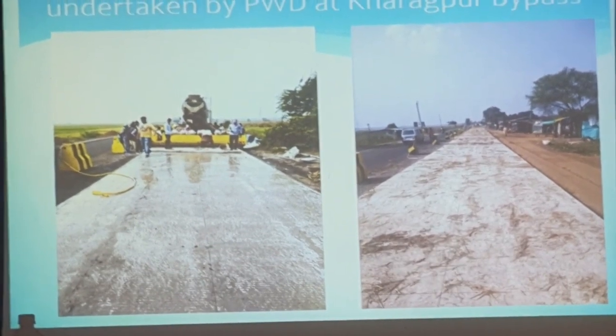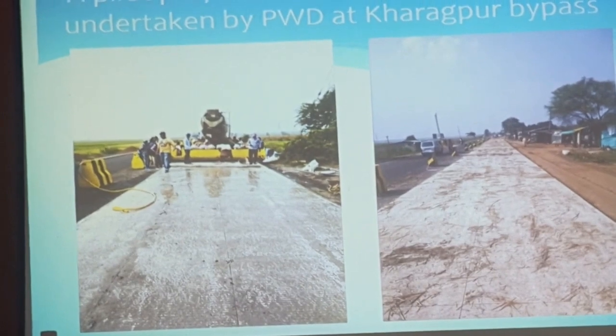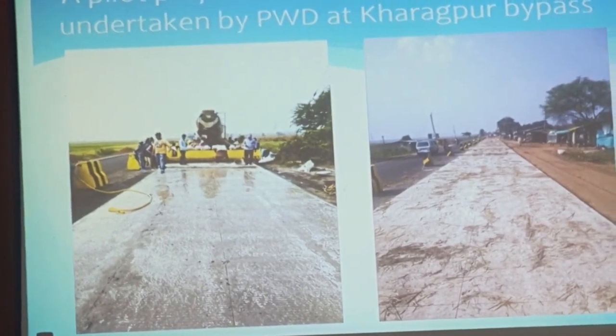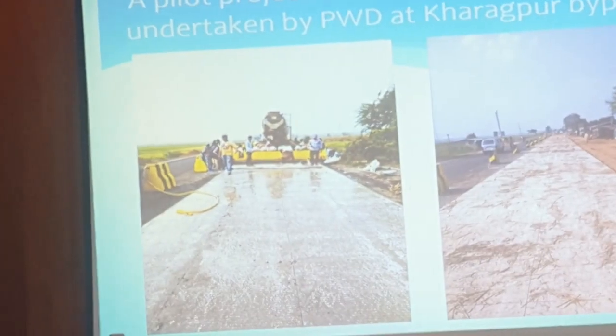How many of you have an idea about what white topping is? No idea. It is just a concrete overlay on a bituminous base. It is done as a rehabilitation program on urban roads where there are problems of water logging and maintenance problems.